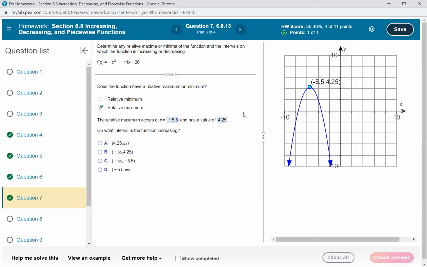So watch this. You're cruising along the x-axis, coming in from negative infinity, and you're cruising and cruising until you get to right here. At this point, that graph stops going uphill. So that x value is going to be the same as the x value that you got on that maximum a while ago. Because that's the point where it stops going uphill and it starts going downhill. So that would be what? Negative 5.5. So on that one, we said C, there you go.